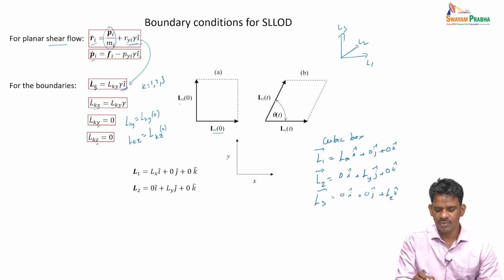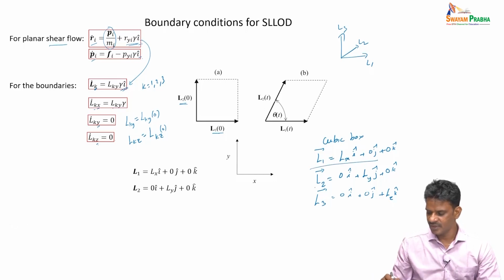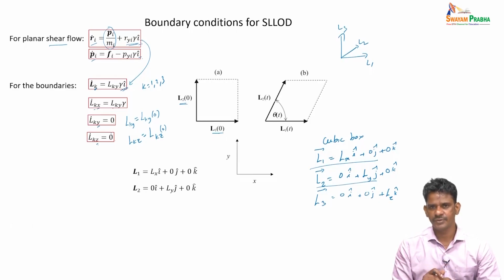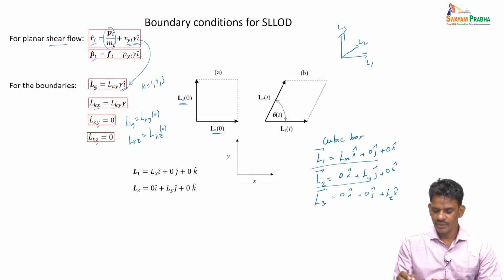Let's say this is your simulation box in 2D described by L1 and L2. This particular law says how the box dimension is changing with respect to time. You can see that L1 in this case remains constant because it has only the x component, and then L2 is actually changing.